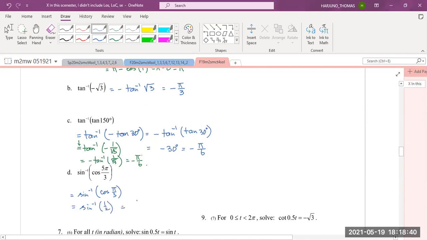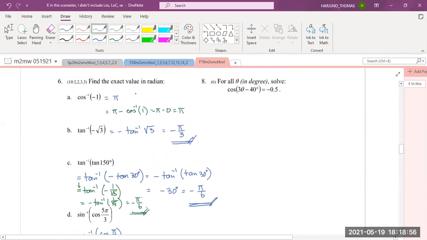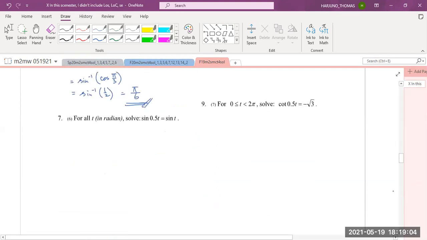Sine inverse of 1/2 is pi over 6. That's for number 6. Let's go on to number 7.